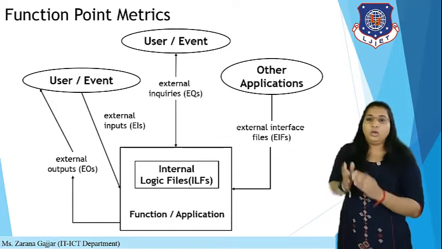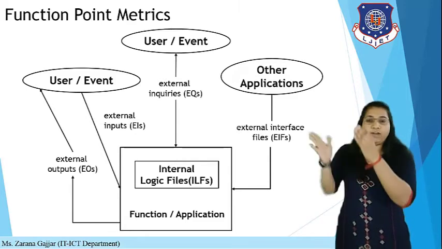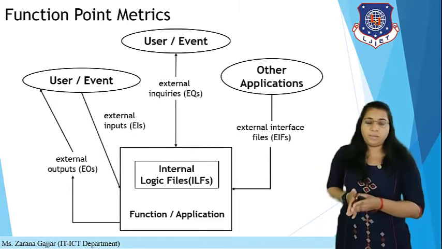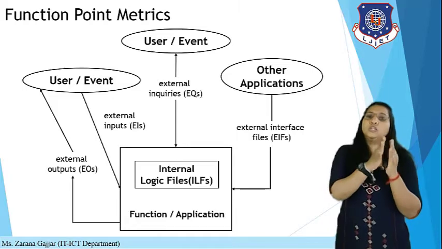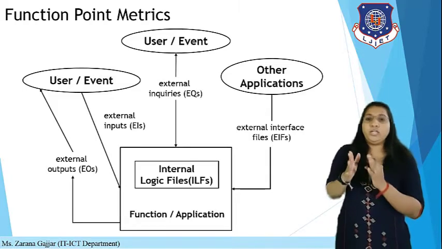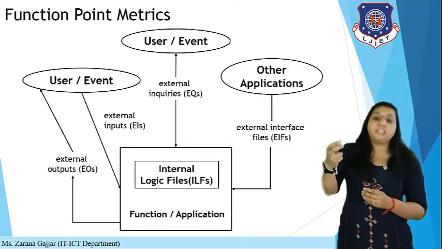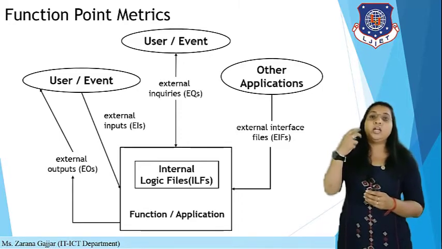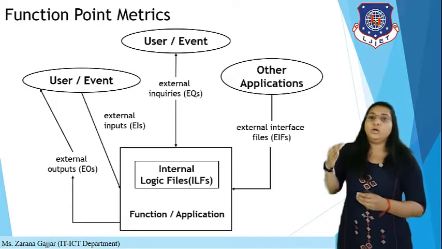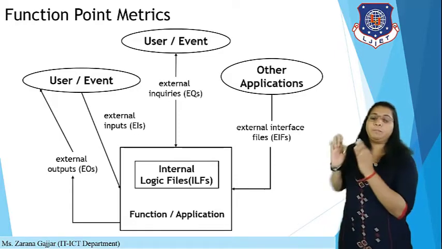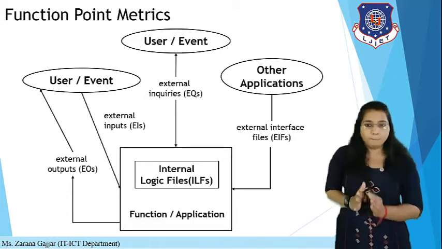Okay, so now there are a number of users and events coordinated with that particular software. Okay, and there are also other applications. So here the terms are external output, external input, external inquiries, external interface file and internal logical files. So this is the user view of that particular function point metric.